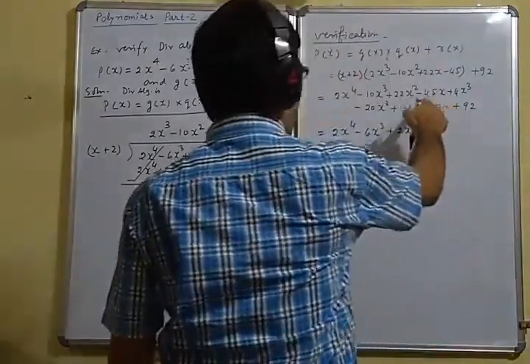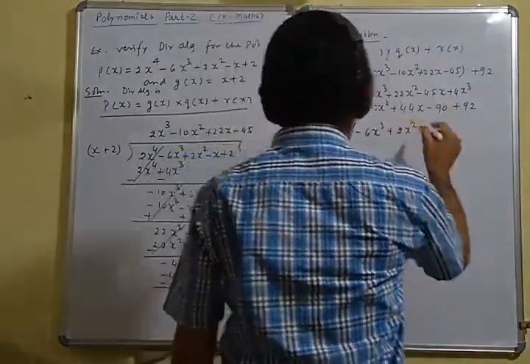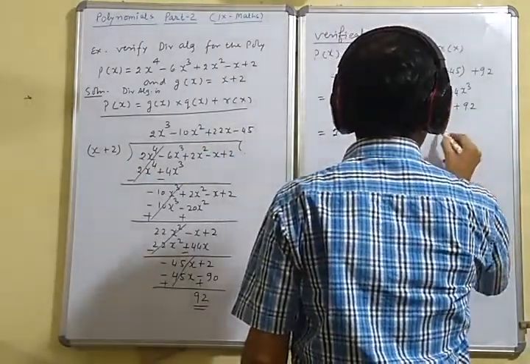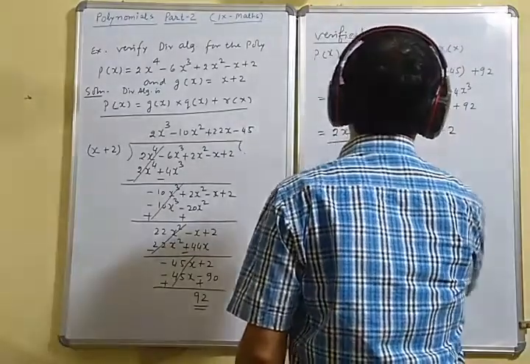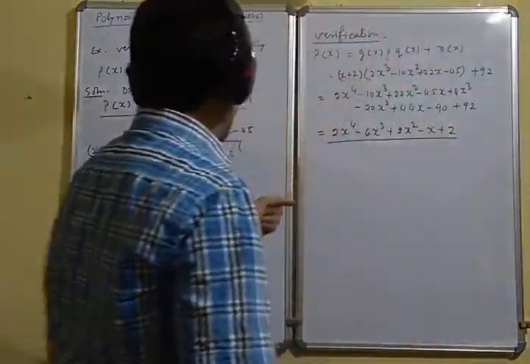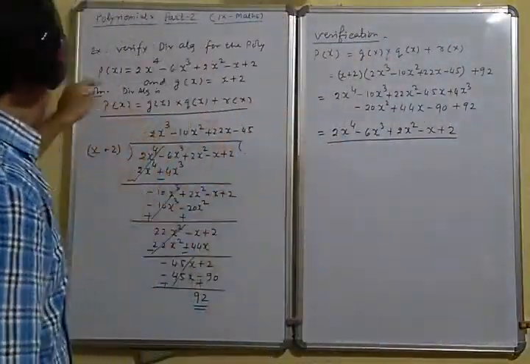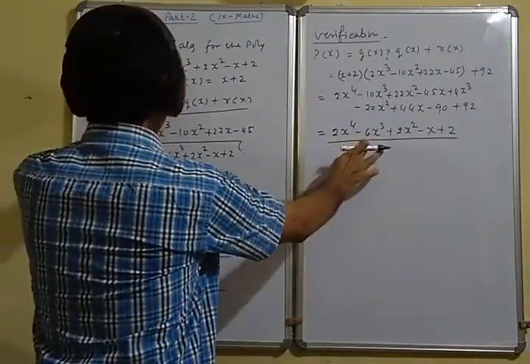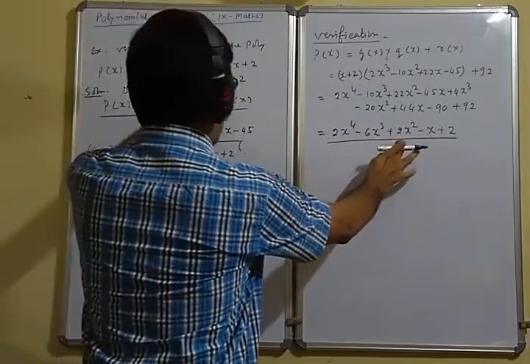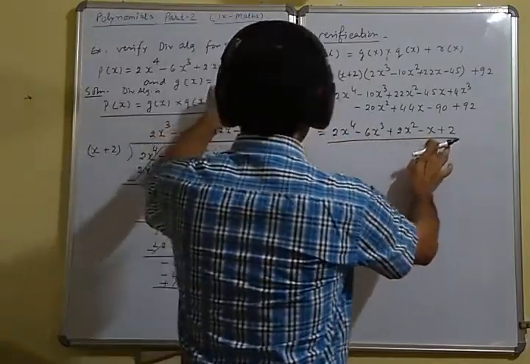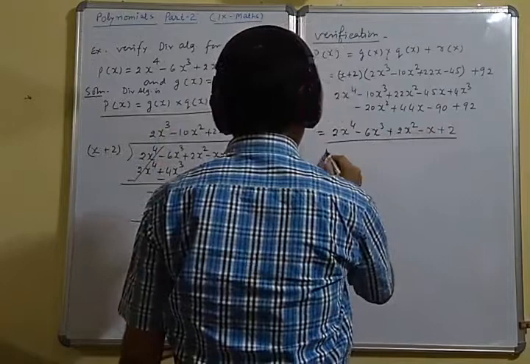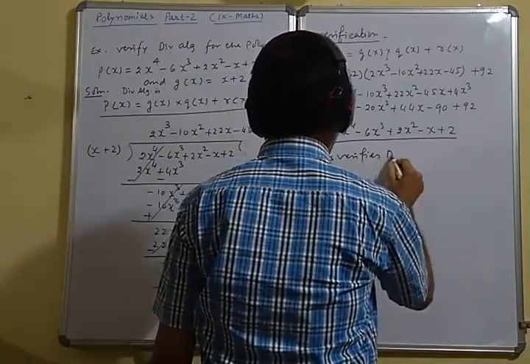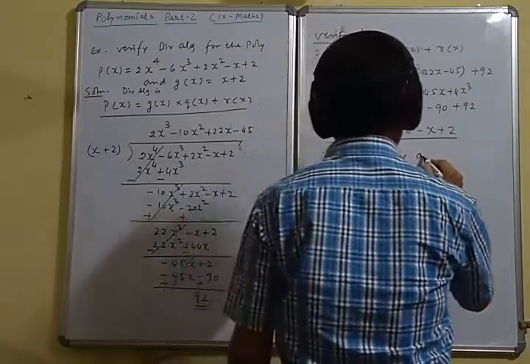Minus 45x plus 44x is minus x, and minus 90 plus 92 is equal to 2. So this is the value of p(x). Check it: p(x) is equal to 2x raised to power 4 minus 6x cube plus 2x square minus x plus 2. So that means it verifies the division algorithm.